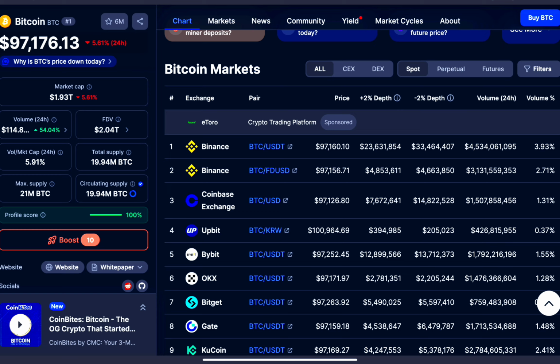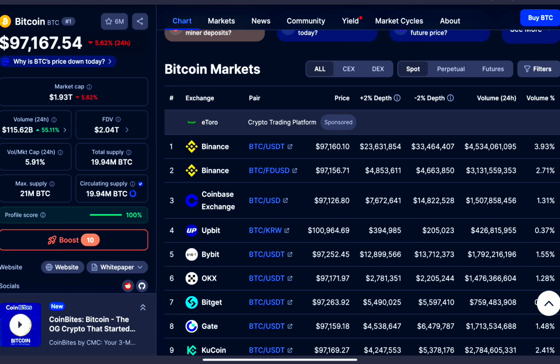You can see that we have BTC going for $97,160, $97,156, $97,252, $97,263, and so on. All of this means you can buy BTC at a very good price and sell it at a more expensive price.